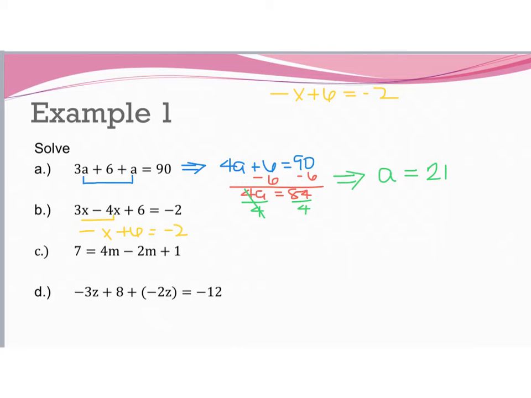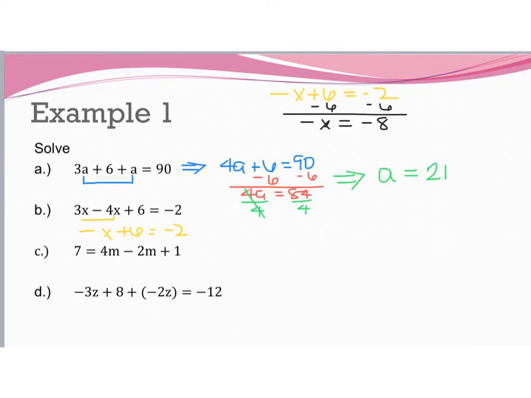And in order to get x by itself, I'm going to have to subtract 6 from both sides. So here I have negative x, please do not forget to bring that negative with it, equals negative 2 plus a negative 6, which is going to give me a negative 8.